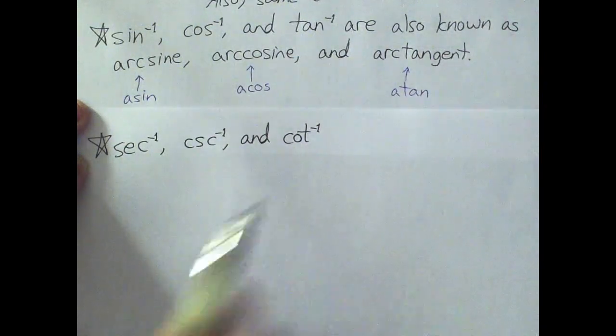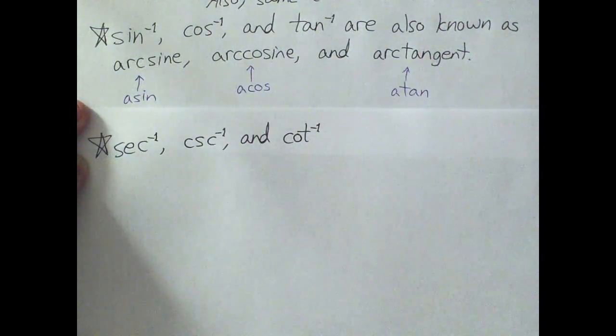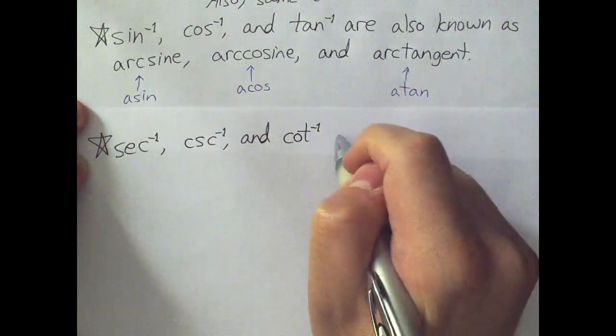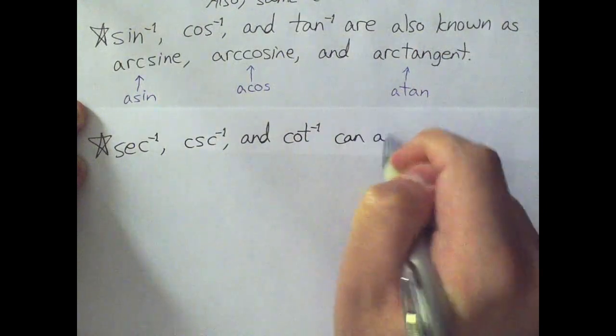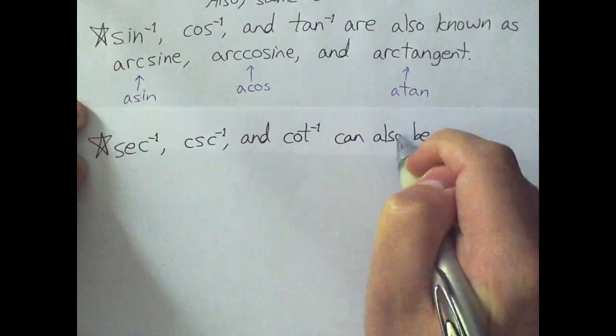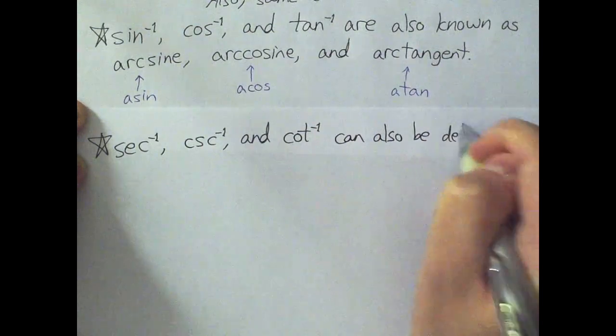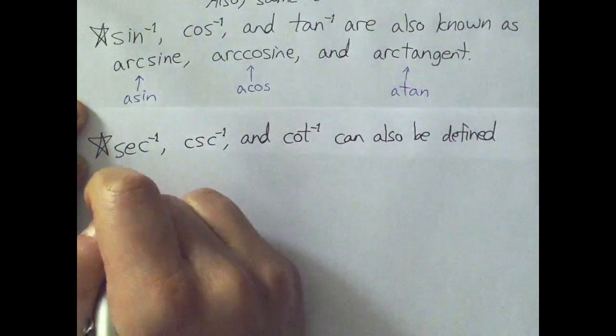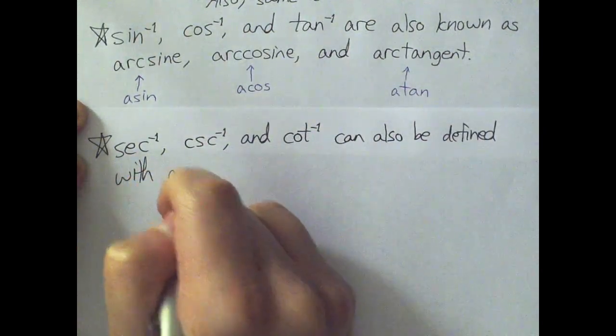Remember, this does not mean reciprocal. It doesn't mean 1 over secant. This means you take secant, you shorten the domain appropriately, you define an inverse function. These can also be defined with appropriate domains.